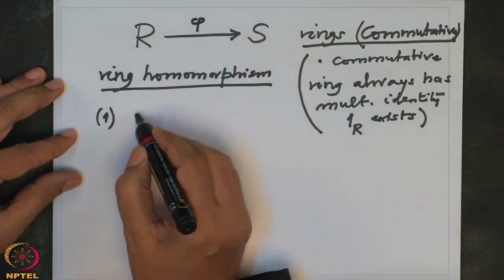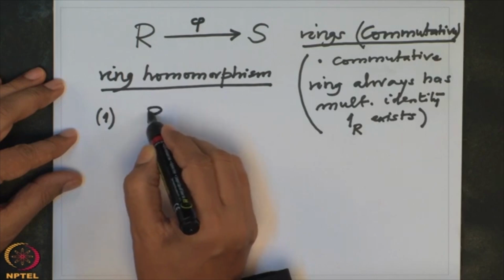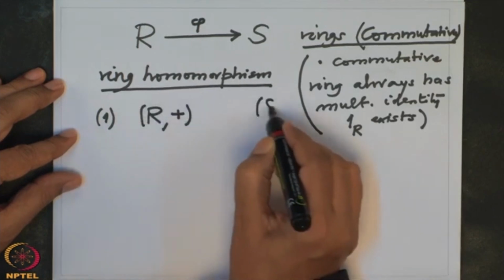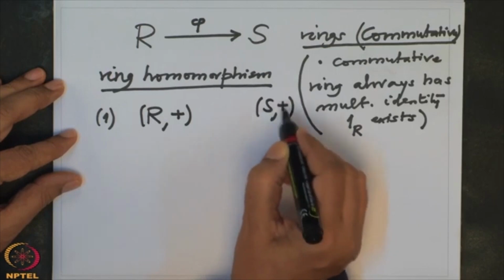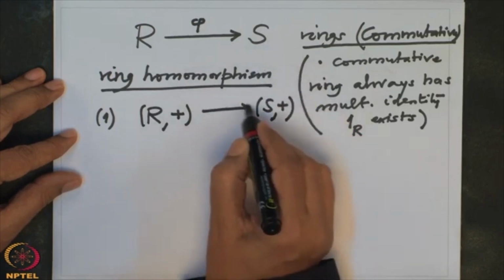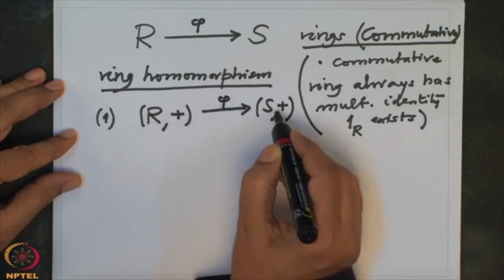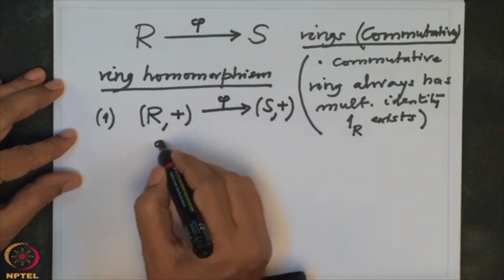One, as an abelian group, (R, +) is called the additive group of R and (S, +) is called the additive group of S. If I think of this phi as a map from this abelian group to this abelian group, it should be a group homomorphism.